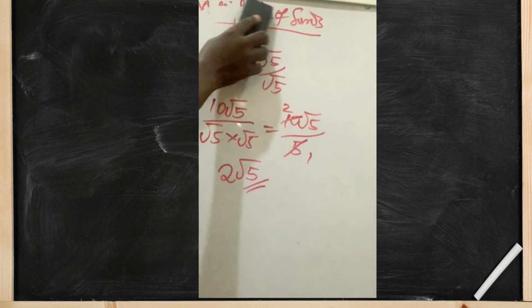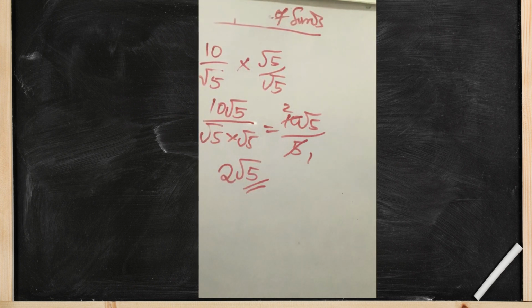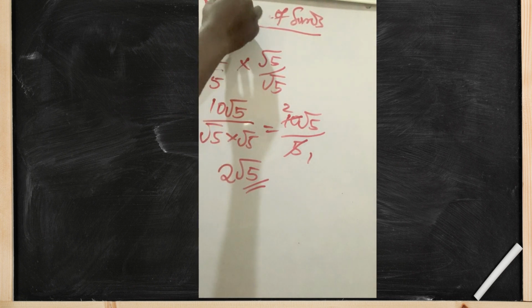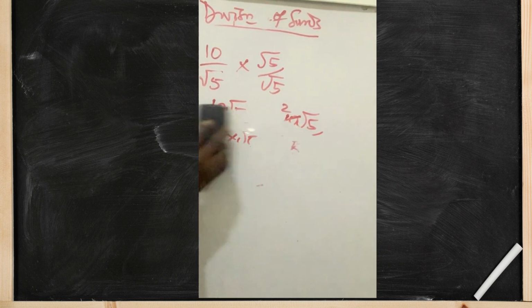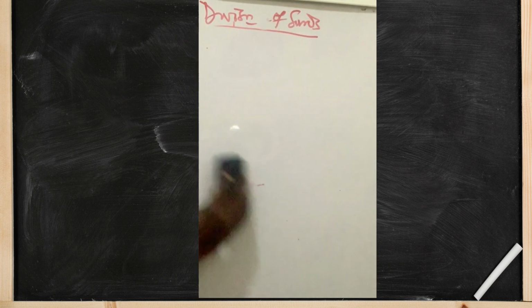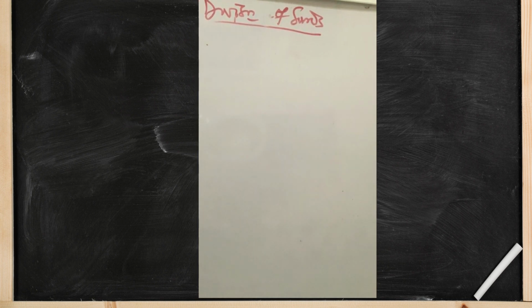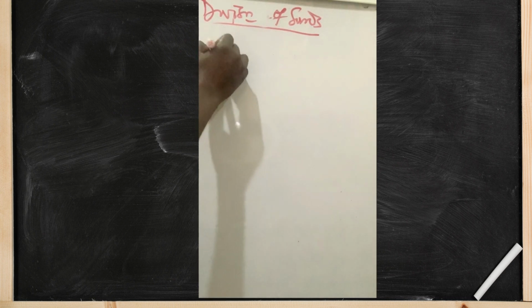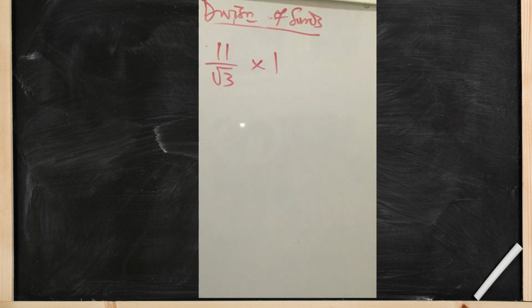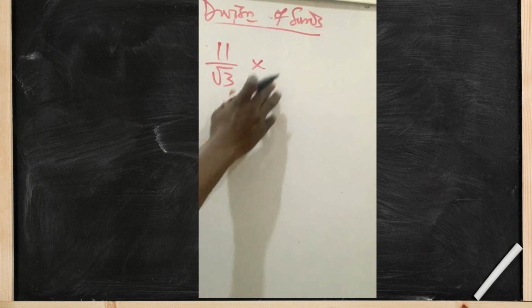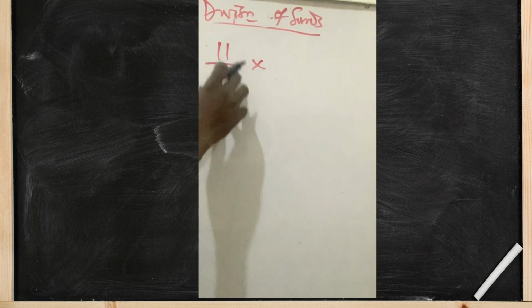We are talking about the division of surds, which is like a rationalization of surds. So that's one example. Let me quickly bring up another example. We're having this: 11 over square root of 3. I told you that you multiply by 1, and that 1 is the denominator that you want to eliminate the square root from.